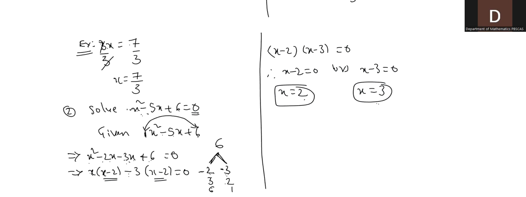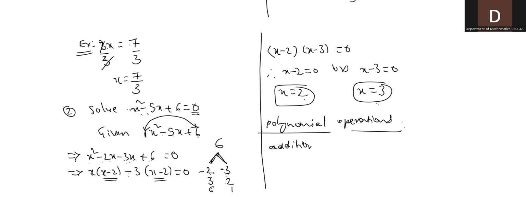Okay, and next, polynomial operations. Polynomial operations means there are 4 main polynomial operations, which are addition of polynomials, subtraction of polynomials, multiplication of polynomials, and division of polynomials.